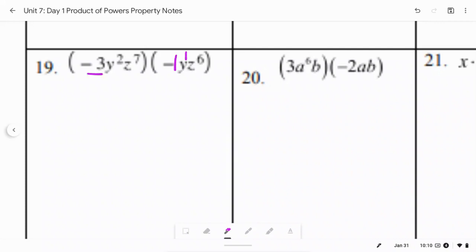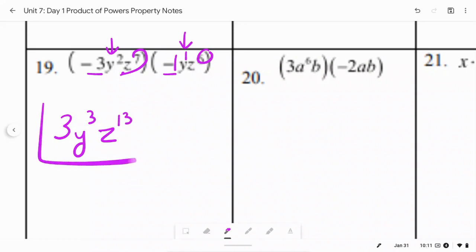So we're going to start by multiplying the coefficients. -3 times -1 is +3, and then add the exponents. So 2 plus 1 is y to the 3rd, and then you're going to add the z's together. So 7 and 6 give me z to the 13th power.